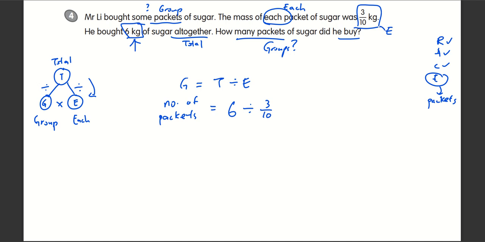So I can draw a model to solve this question. How many 3/10 kilograms can I find in 6 kilograms? Or I can just use the keep change flip method that we have learned. So I keep 6 as it is, change division to multiplication, and I flip 3/10.